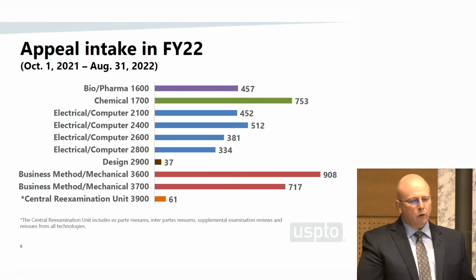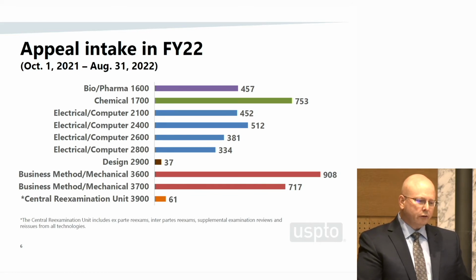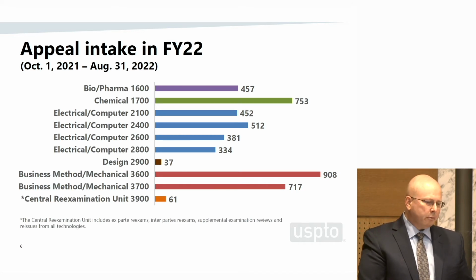If you add up those 4 blue bars, that is the largest number of appeals, but followed closely by our mechanical and business method appeals, then chemical, then biotech. And then we have a small number of design appeals and also the central re-exam unit.